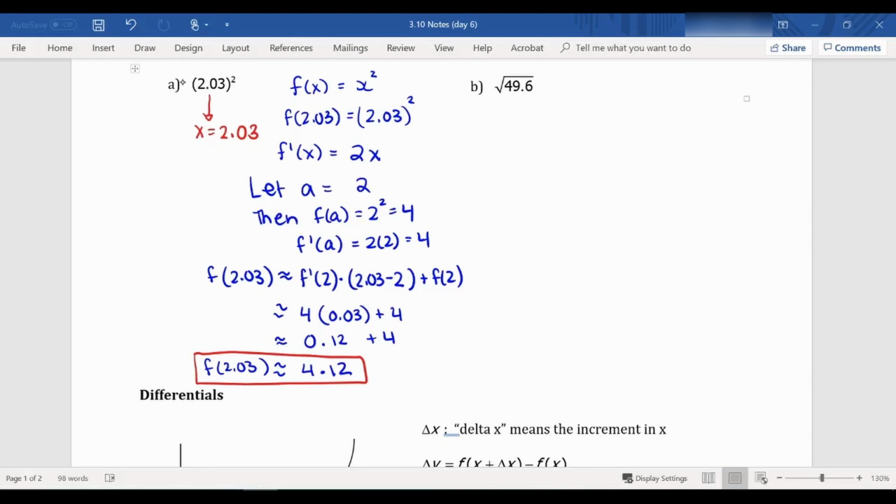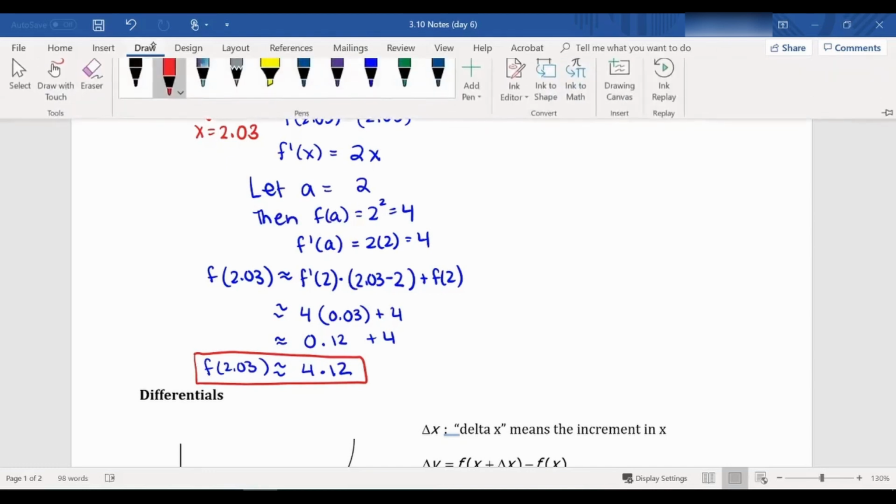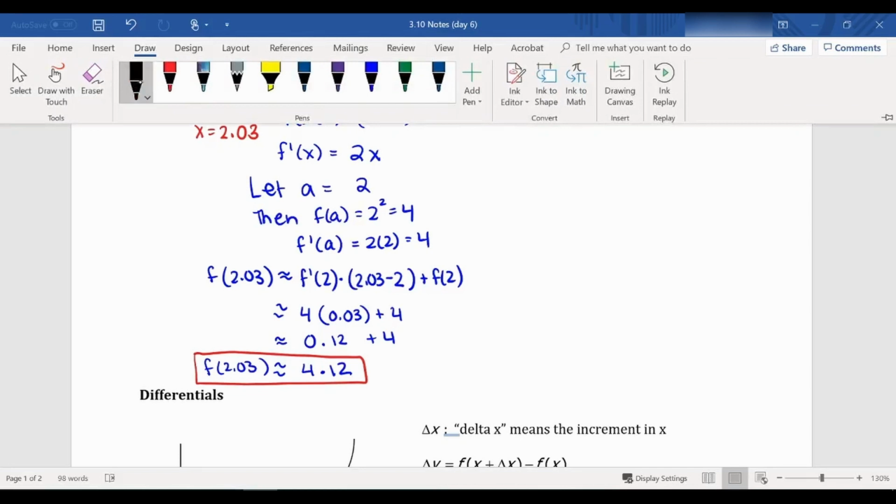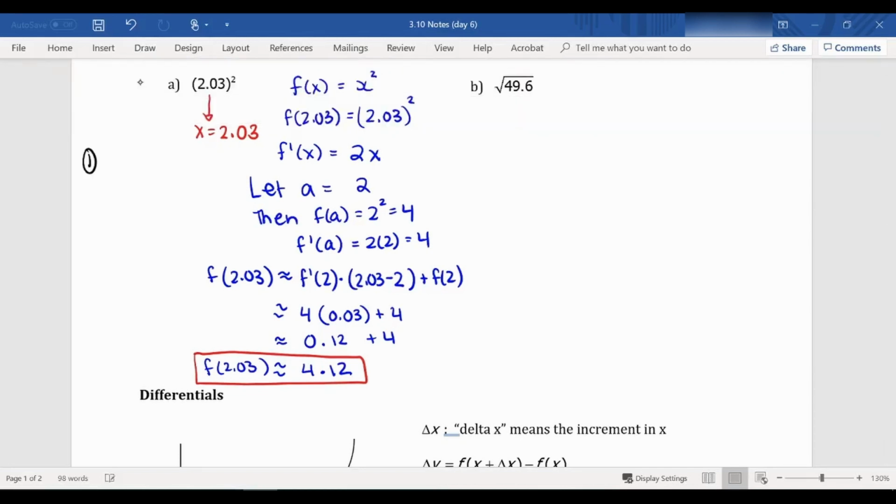So there's a couple steps here. Step 1 is figure out what f of x is, which was right here. So what function are we actually dealing with? Okay, step 2, pick an a.